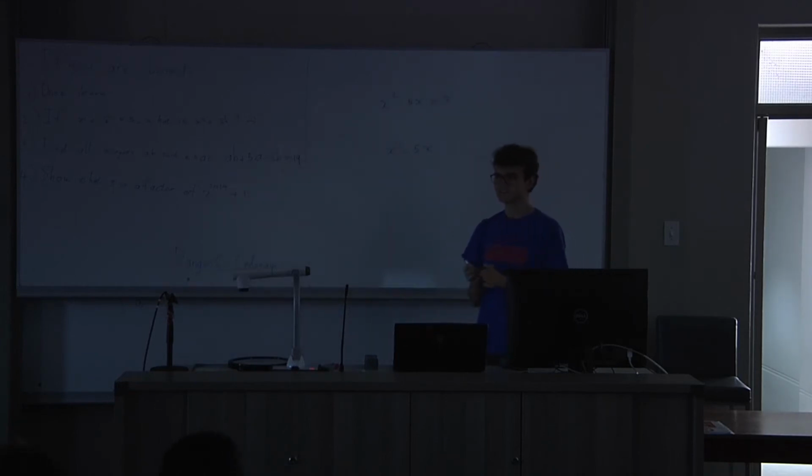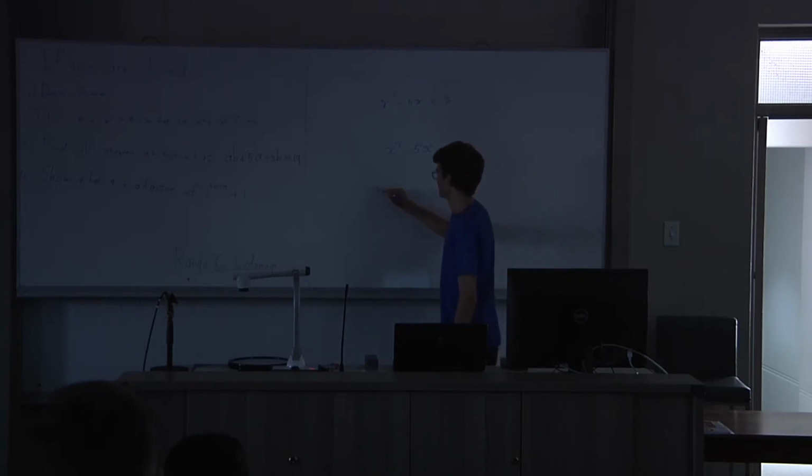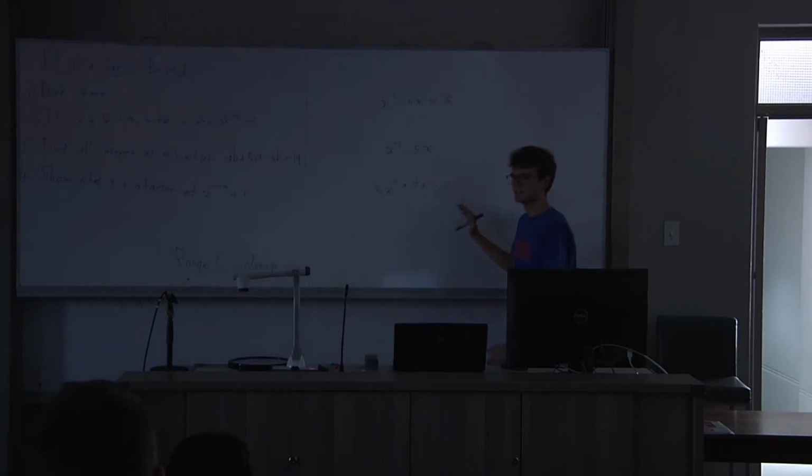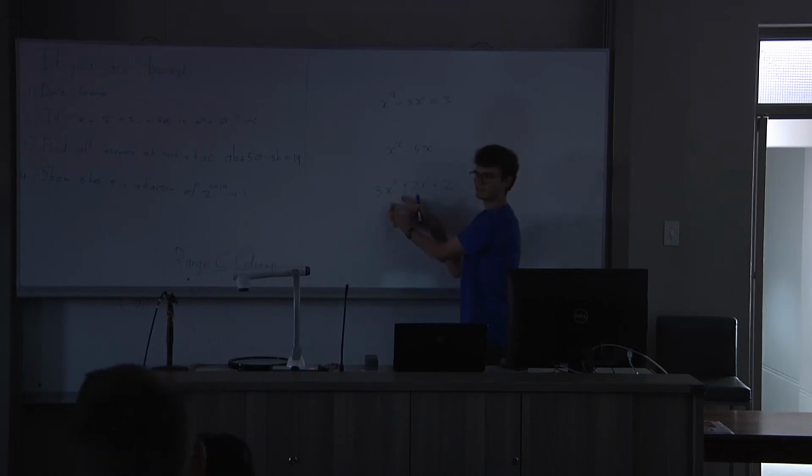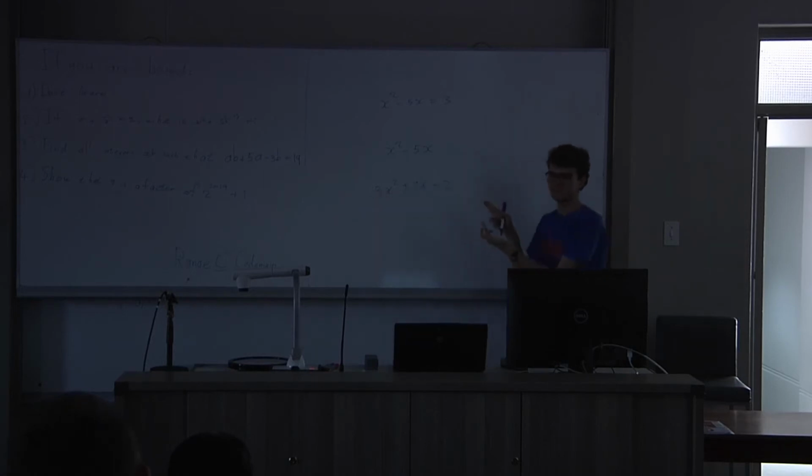Did anyone just get an idea of what that means? Okay, well, today we would write that as 3x squared plus 7x minus 2. You take a value, multiply it by itself, multiply that by 3, add 7 times the original value, and take what you've just calculated, subtract 2.